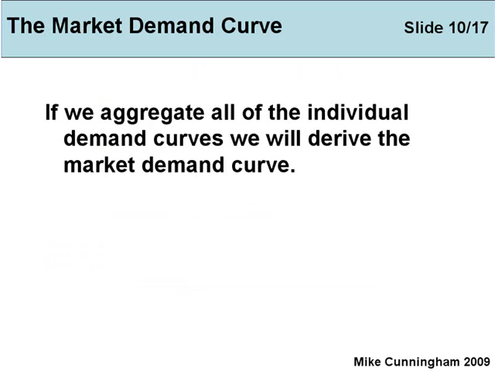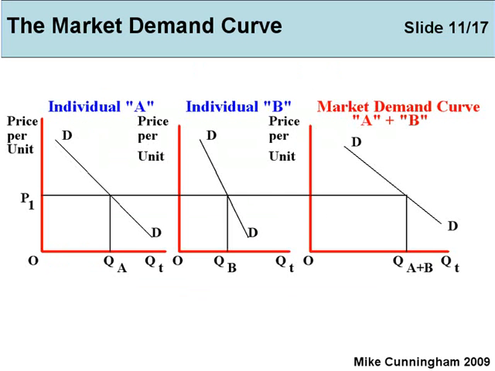If we aggregate over all the individual demand curves, then we would derive the market demand curve. Let's see how that happens. Here we've got two demand curves, the demand curve for individual A and the demand curve for individual B. A could be me, and B could be you.